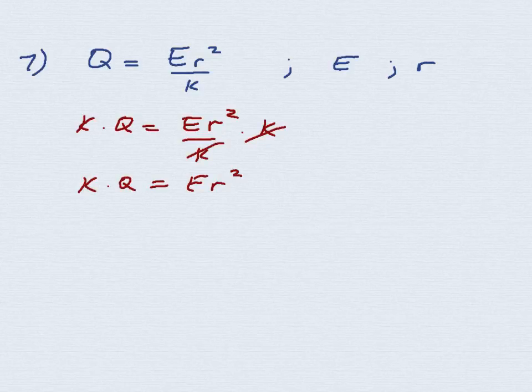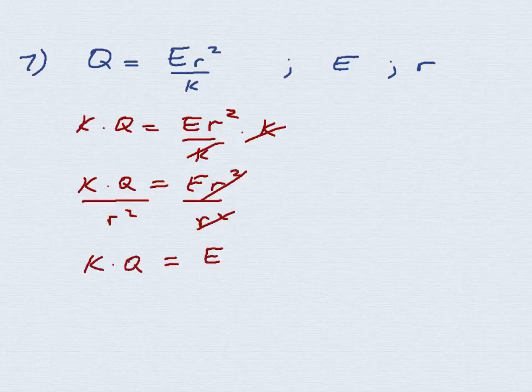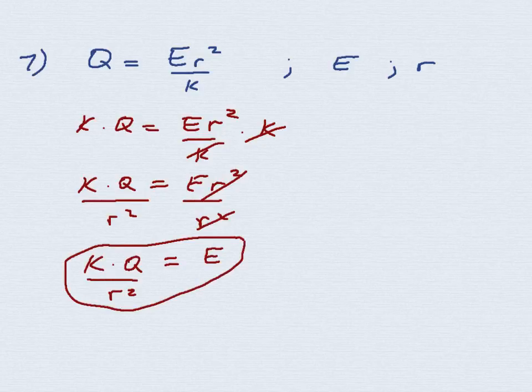You want to solve for E, you're just going to have to divide by R squared on both sides. Doesn't matter that the R is squared. There's no square rooting because you're asked to solve for E, and E is not squared.